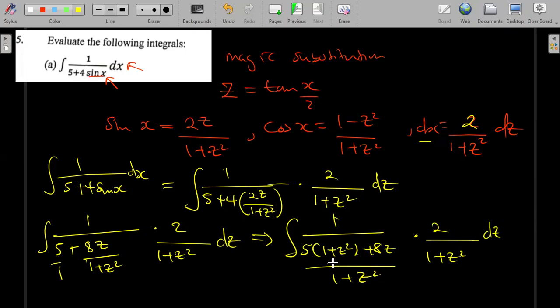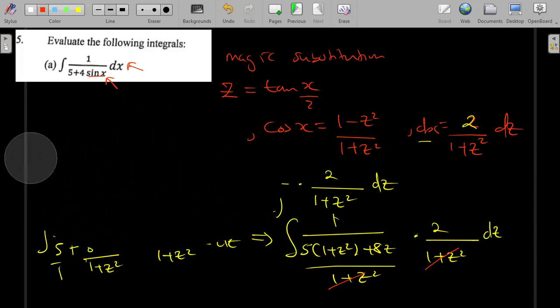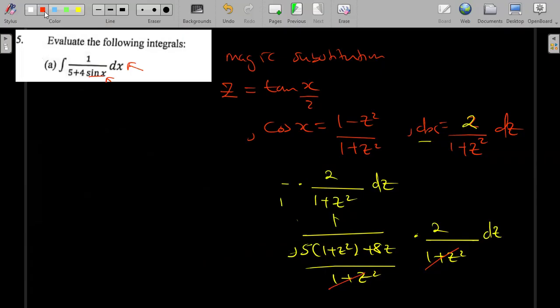So what do I do next? I can see that the 1 plus z squared in the bottom divides out, so that goes. That simplifies to the integral of 2, multiplied by the 1 on top, over 5 multiplied by 1 plus z squared plus 8z, dz.